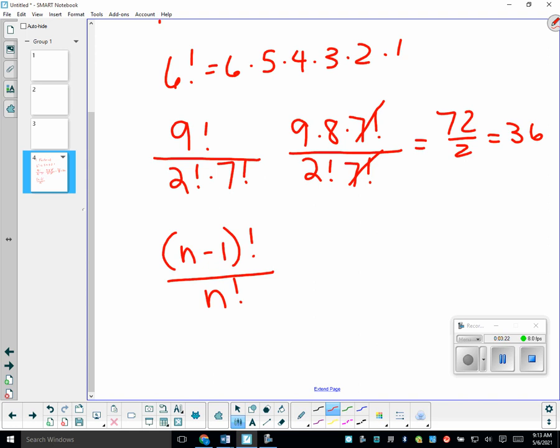So is this the same thing as n times n minus 1 factorial? Because I subtract 1 every time. So when I subtract 1 from this, don't I get this? What's my answer? 1 over n.